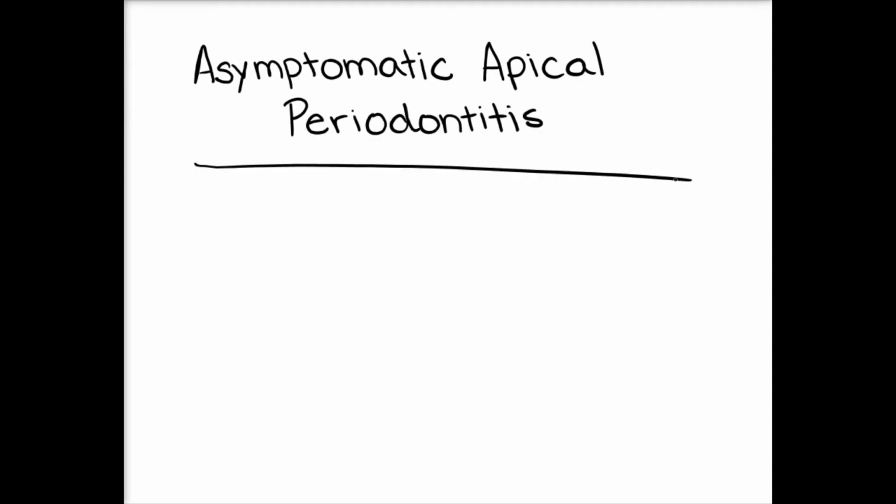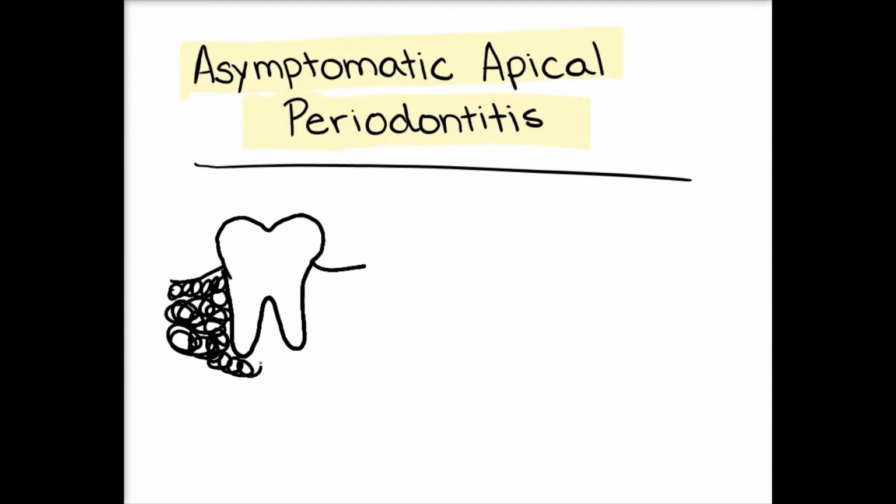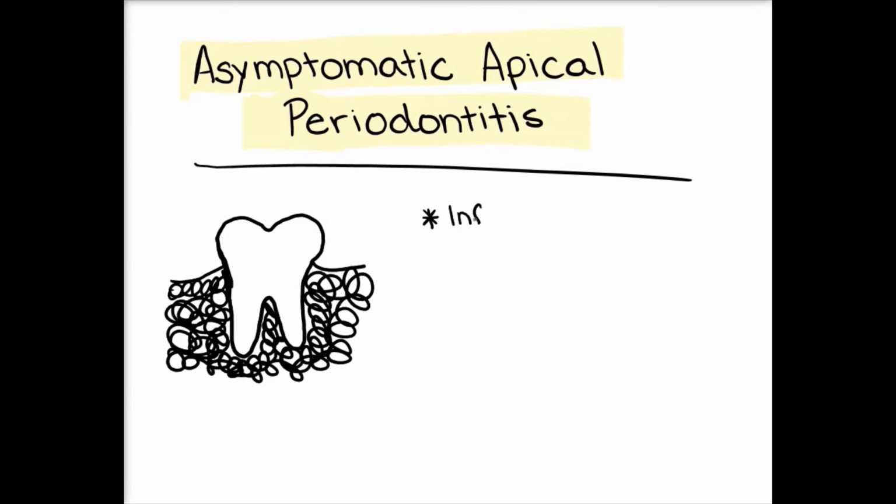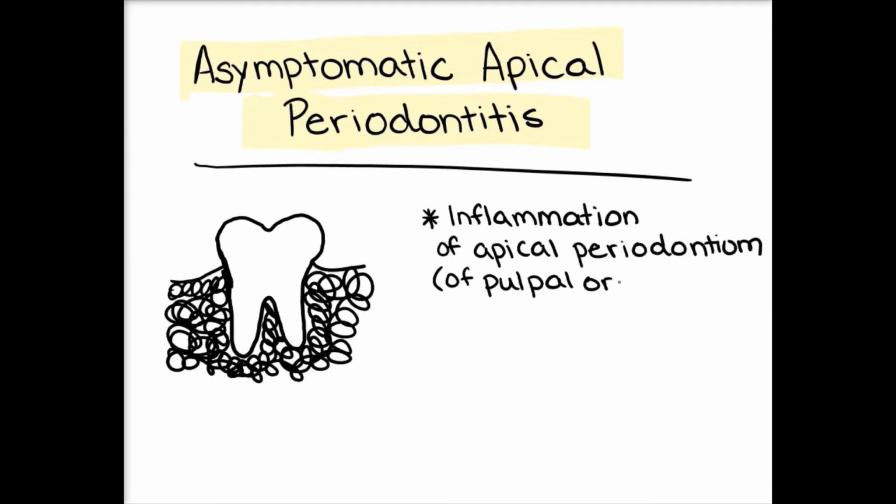Next, we'll take a look at asymptomatic apical periodontitis. So here's another drawing of a radiograph with trabecular bone. But in this case, inflammation from the pulp has spread to the tissues surrounding the apex. Since it's asymptomatic, we don't have symptoms to percussion, palpation, biting.